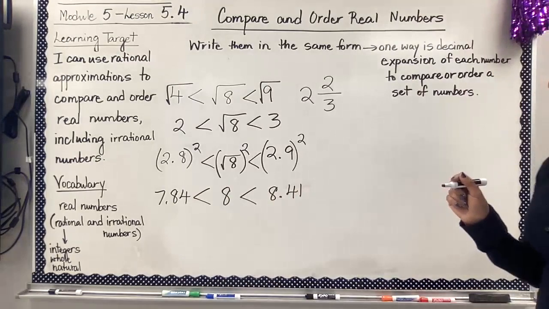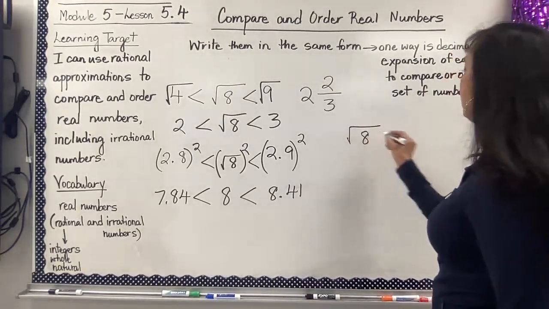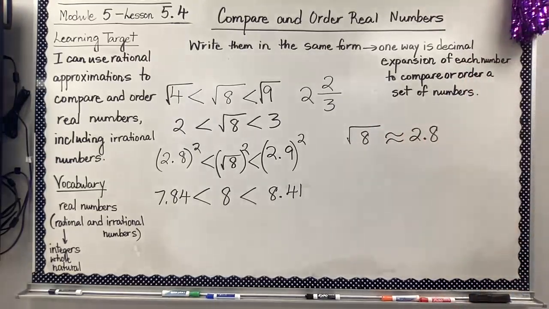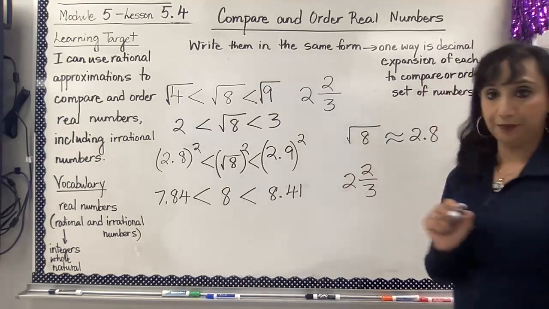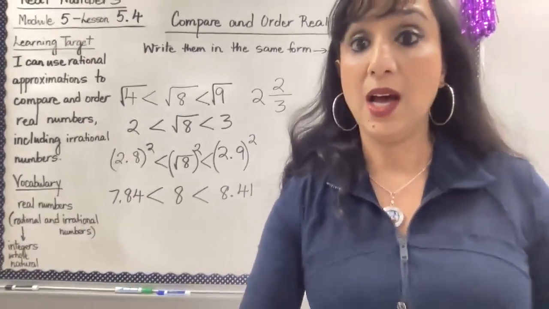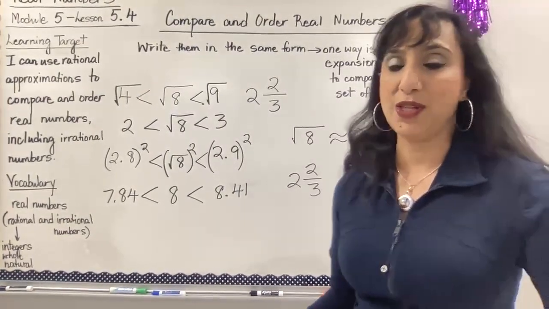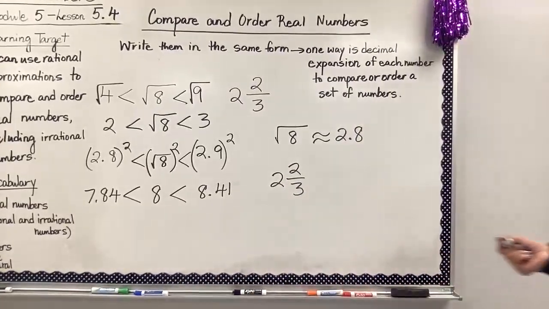All right, so that is why we are now going to go ahead and do the solving. And so we are going to say square root of 8 is going to be approximately 2 and 8/10 based on what I just showed you, because we're rounding to the nearest tenth. And we know that 2 and 2/3, and we've done this before with fractions, 1/3 is 33.3% repeating, and 2/3 is 66.6% repeating, or you just have your repeating sign.